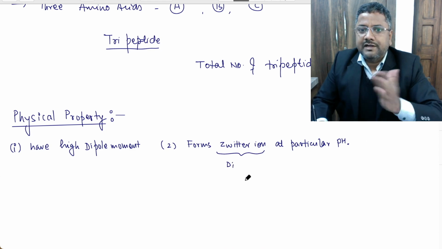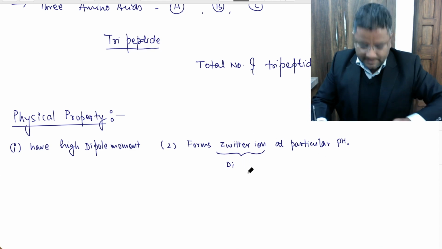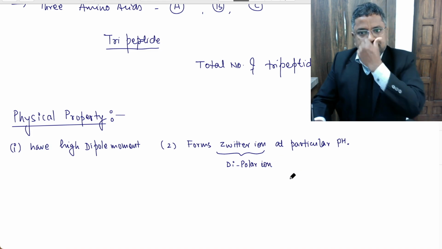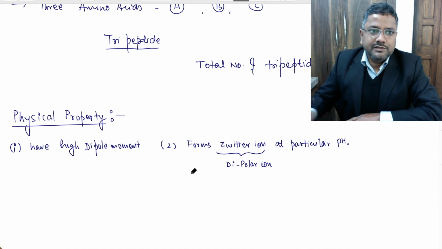It means positive and negative poles are both present in the same molecule. So dipolar ion, right? So this is Zwitter ion.